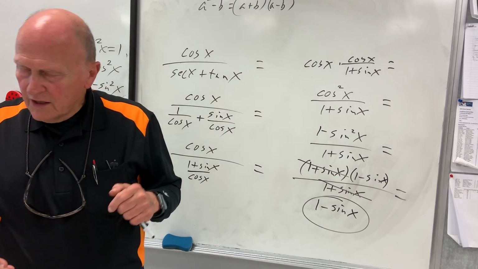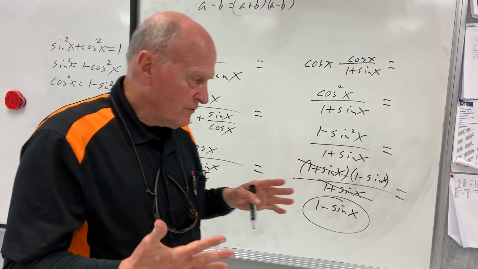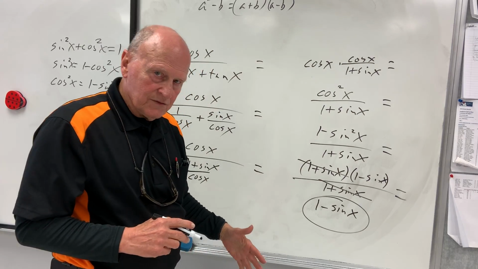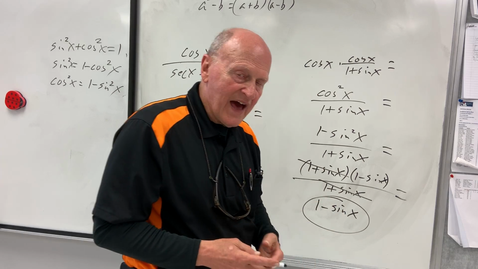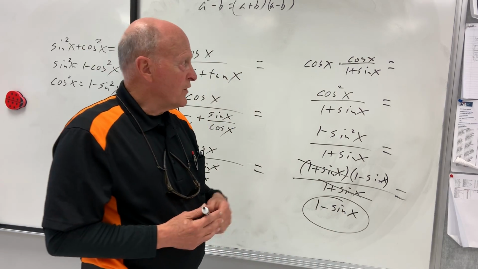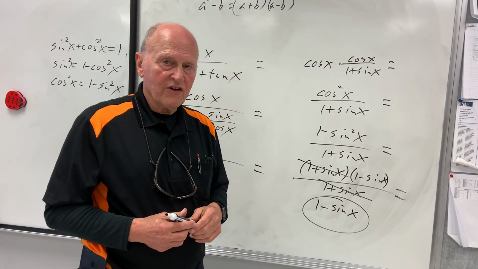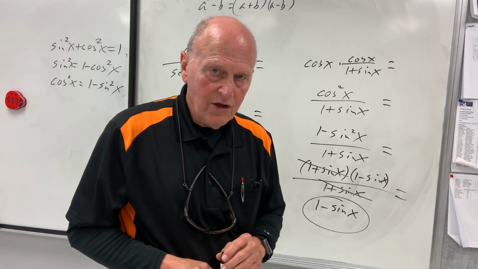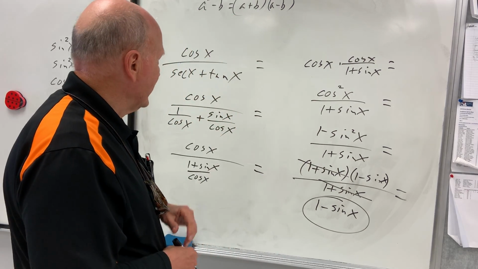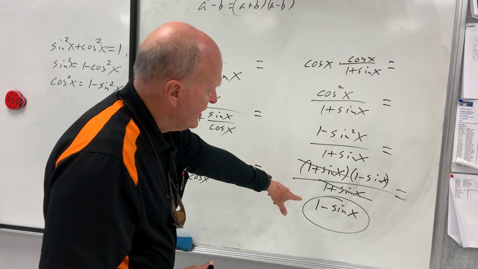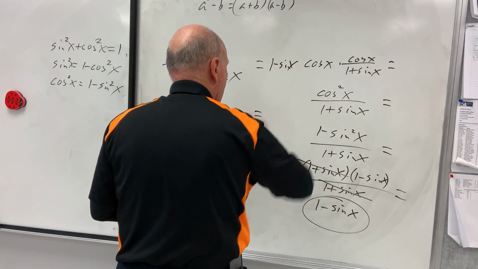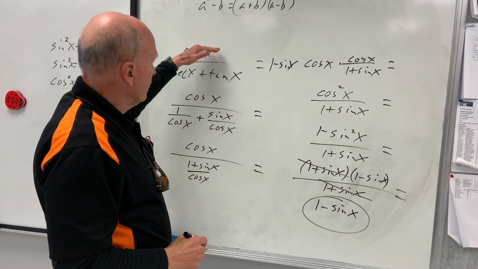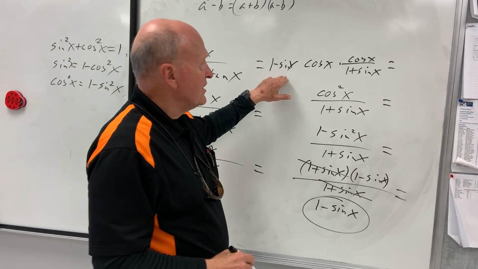Now, a lot of people do not really like these. You kind of wonder, well, when have I got it simplified? And when we get to the second part of this lesson, we're going to do identities. And basically, when we do identities, we're going to already have the answer like this, and we're going to work this side until we get that.